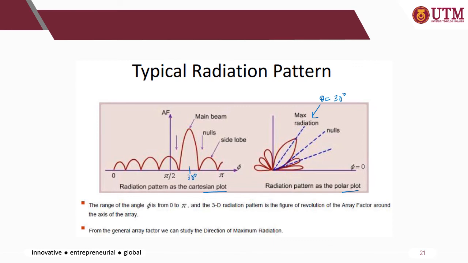Then the null appears between the main beam and the next side lobe, followed by the next beam, maybe around 70 degrees, for example. This depends on how many lobes you have in the array system.